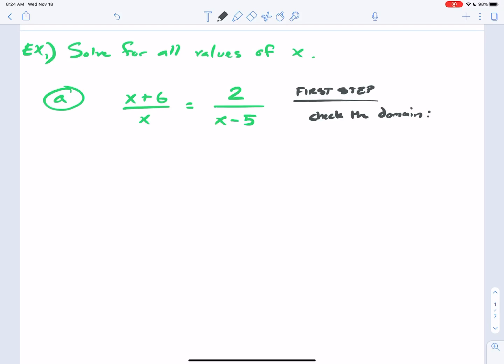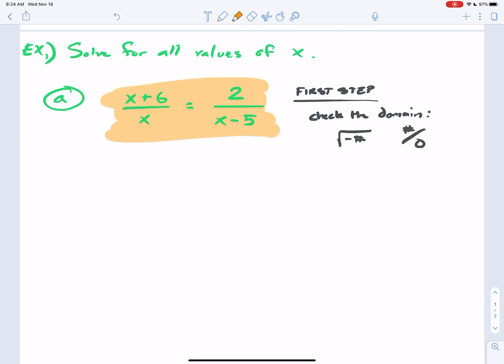So here's a quick review on domain. The domain is the set of all possible x values. The only time something can go wrong is if you're dealing with 2 things: square rooting some type of negative number, or dividing some number by 0, when 0 is underneath.